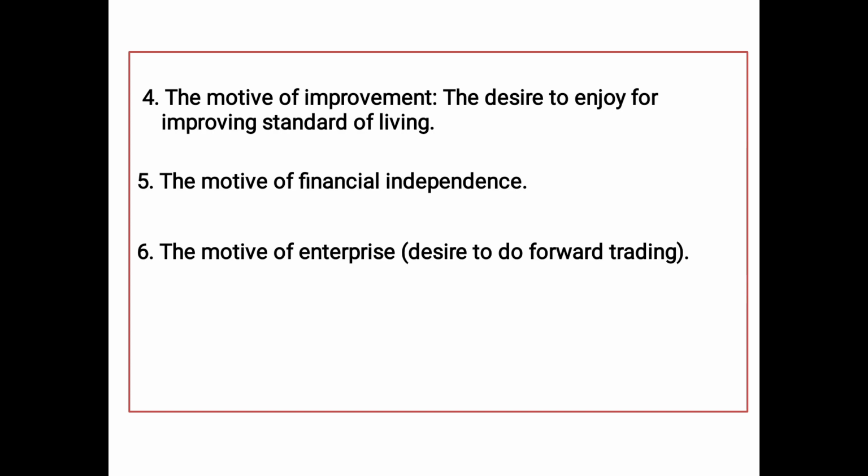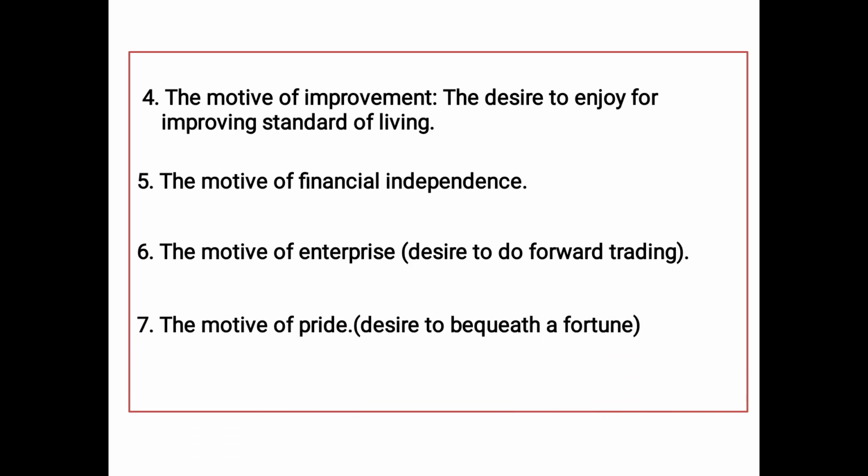A person who is doing business always thinks about the future. He studies the past, makes a comparison, and only then enters or invests in the business. Next is the motive of pride, that is for your fortune.